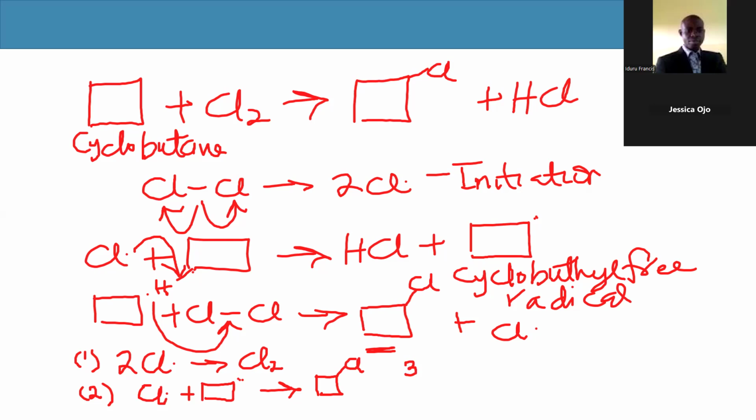And the third one: two rectangle dots will give you what's it called?